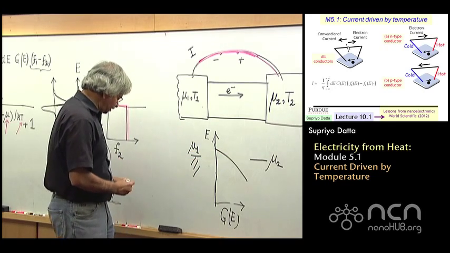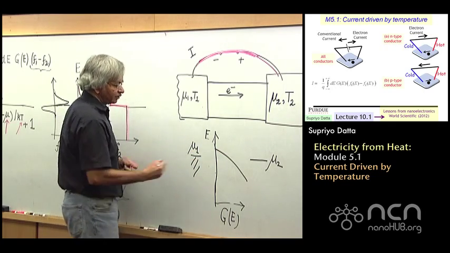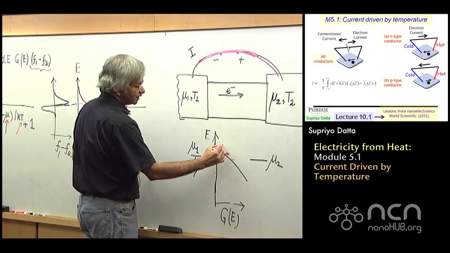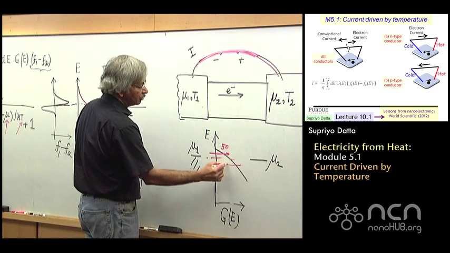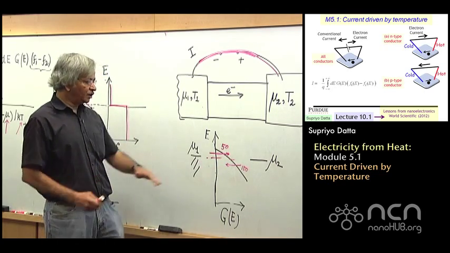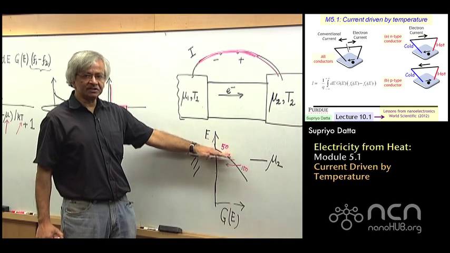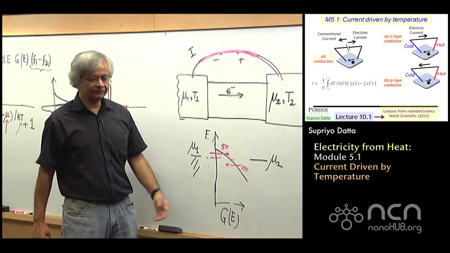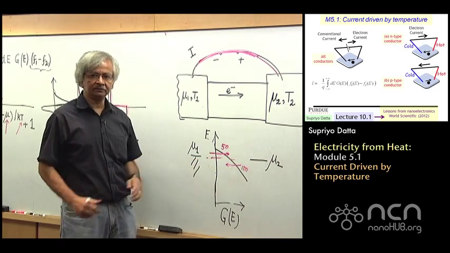Well, in that case, you can see what you expect. You see, above mu, that is when you might have, say, 50 states. Below mu, you might have 100 states. So now you have a situation where there's fewer states above mu, and so the net current is actually from cold to hot.